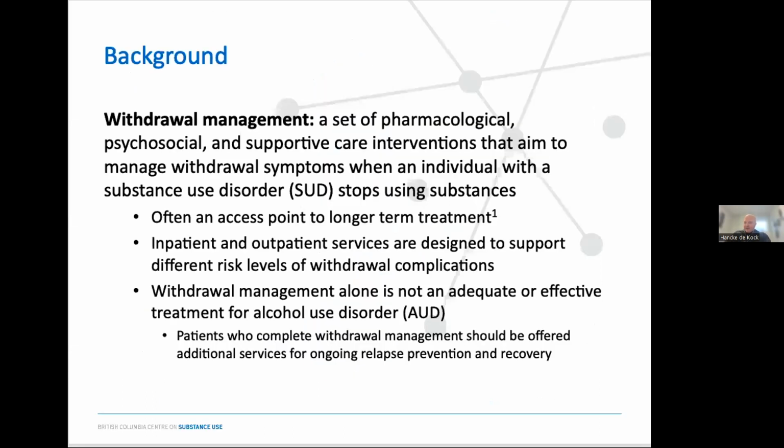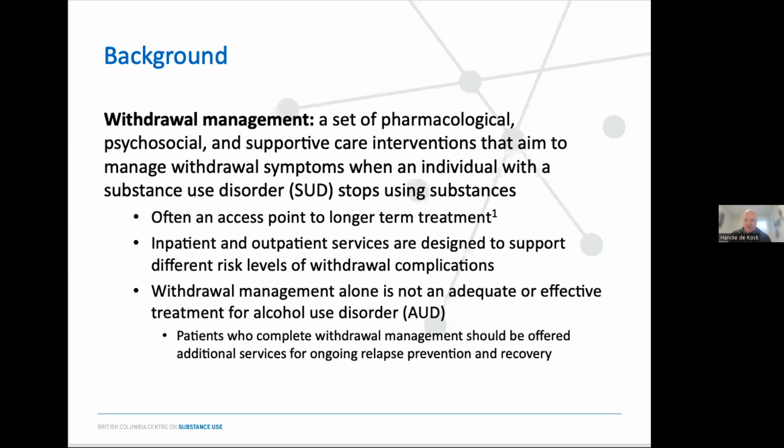And then if we look at the background, withdrawal management is defined as a set of pharmacological, psychosocial and supportive care interventions that aim to manage withdrawal symptoms when someone who uses substances stops using the substances. So you can break up withdrawal management into about 3 categories. First, we have supportive care, for example, nutrition, hydration, a supportive environment.